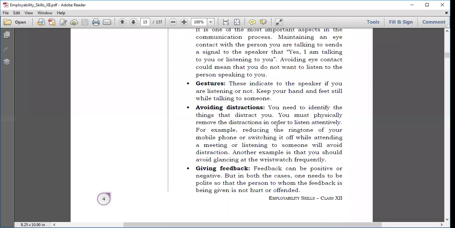Avoid distractions. You need to identify the things that are distracting you, whatever things can distract you from the communication, right? You should remove such distractions when you're listening to someone. For example, reduce the ringtone of your mobile phone or switch it off while attending a meeting or listening to someone.